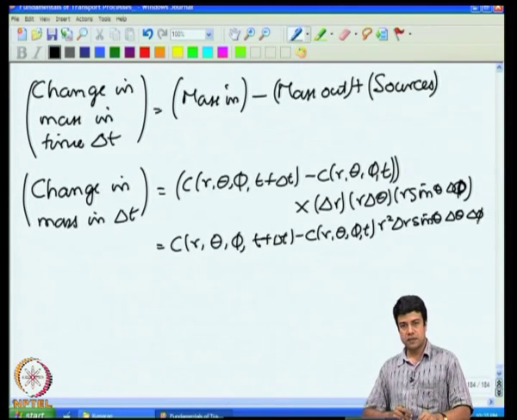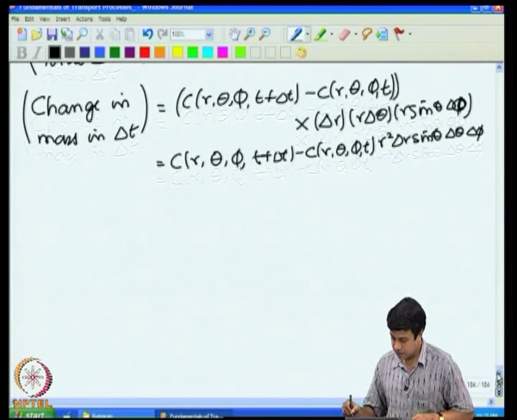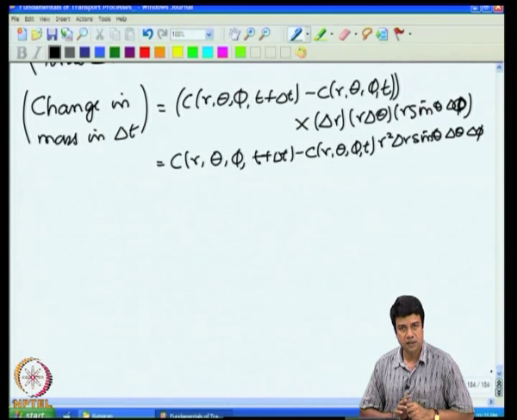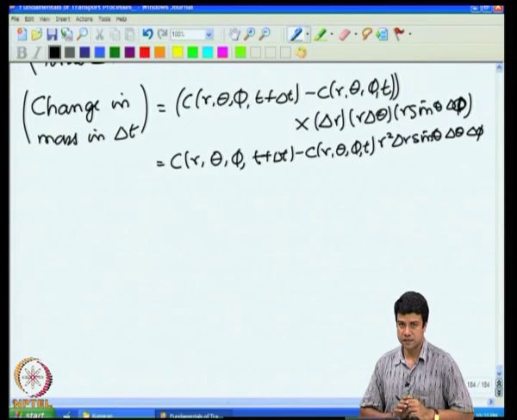So, this is the change in mass within that differential volume. This is going to be equal to the sum of mass coming in from the bounding surfaces, and the mass going out, leaving at the bounding surfaces.